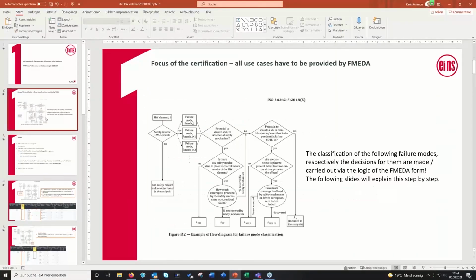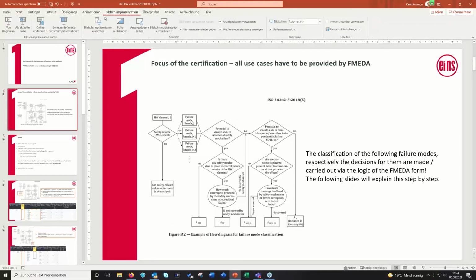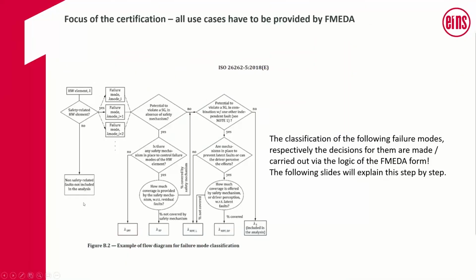And if I switch back to our PowerPoint presentation, this is what we did. We had a safety related hardware element. These were the system elements you have seen in the first column of our FMEDA form.